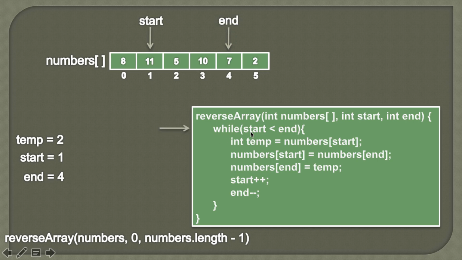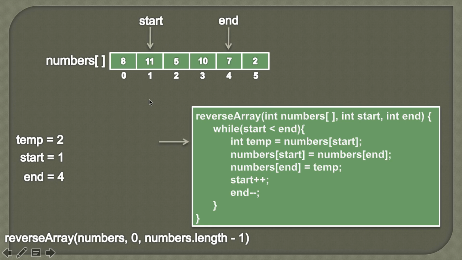In the while loop, we'll again check whether start is less than end or not. So here you can see value of start is 1 and value of end is 4. Therefore the condition in while block comes out to be true. And now we'll simply swap these two values which are being referred by start position and end position.